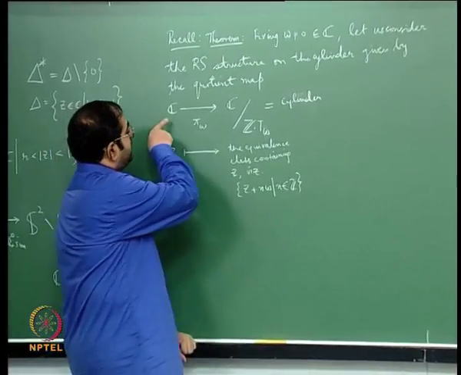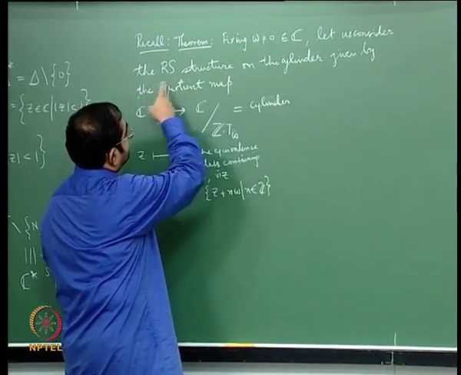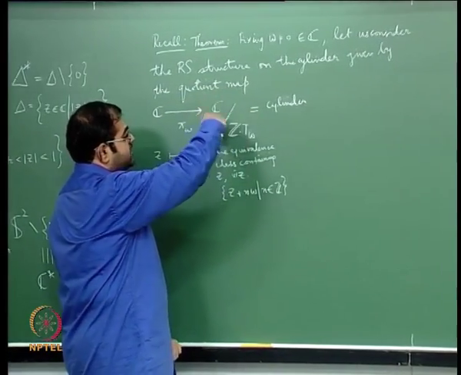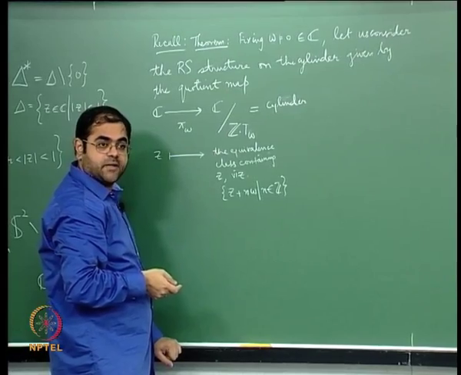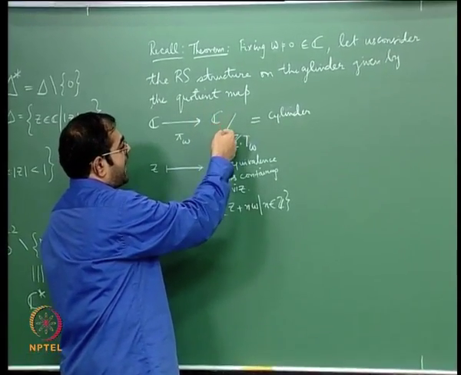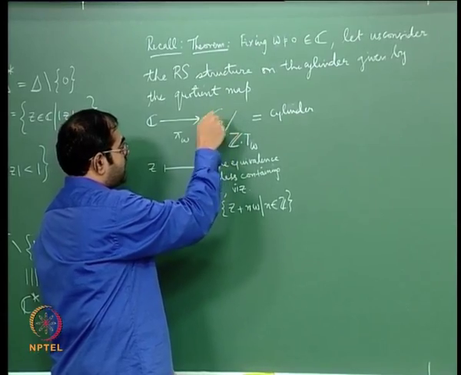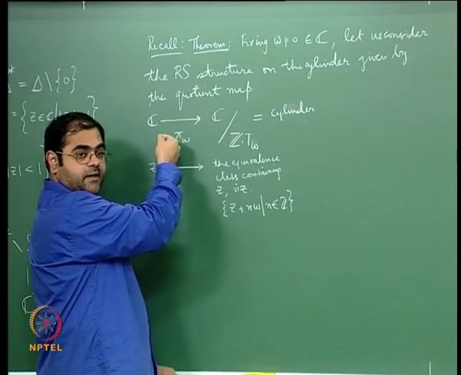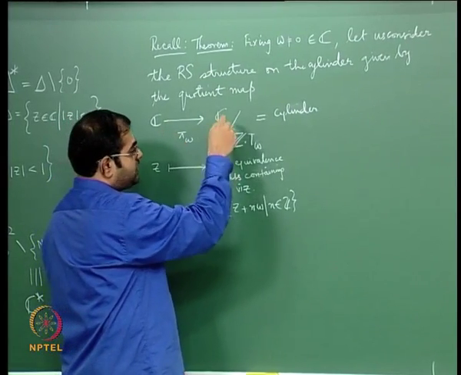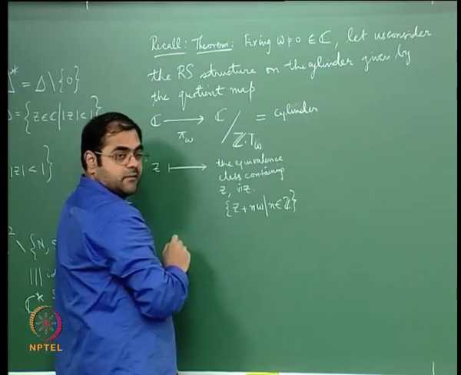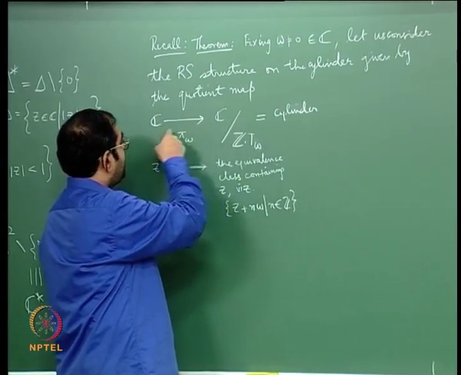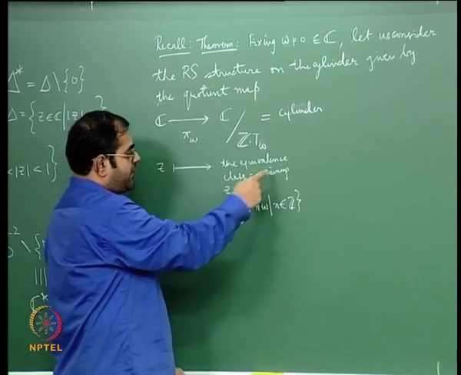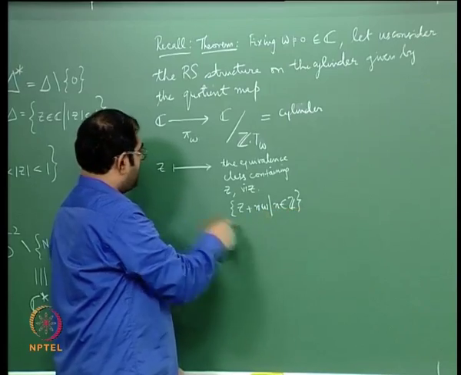Okay, and what do I mean by consider the Riemann surface structure on the cylinder given by the quotient map? What I mean is, you make this into a Riemann surface. The way you make it into a Riemann surface is by getting, for a point on the cylinder, a map in the other direction, which is a homeomorphism. Namely, you take a point here, and then you take a pre-image, for example z. So a point here will be an equivalence class that will come from a point z.